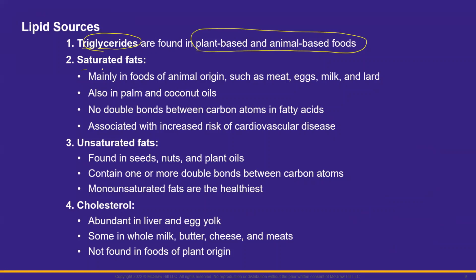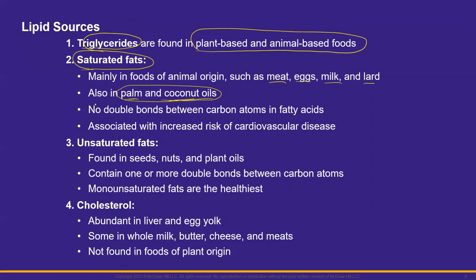And then saturated fat. Saturated means the fat is solid at room temperature, like from animal origin, such as margarine, meat, egg, lard. Palm and coconut oil also have saturated fat. It is the reason why during the winter time, for example, oil made from palm and coconut usually becomes solid at lower temperature.